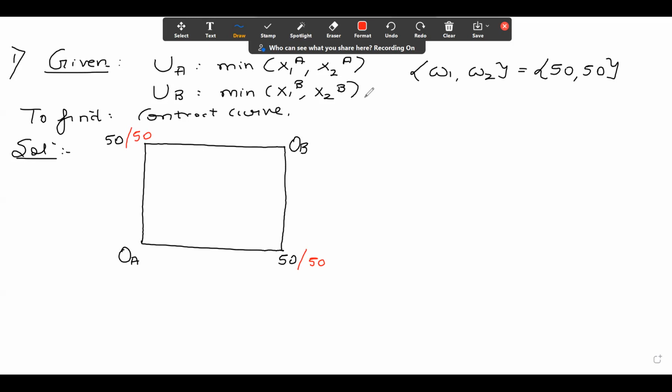If you look at A's indifference curves, how will they look? If I draw a 45-degree line, you will see that all the kinks will lie on the 45-degree line. These are A's ICs. Perfect complements means they are L-shaped ICs.